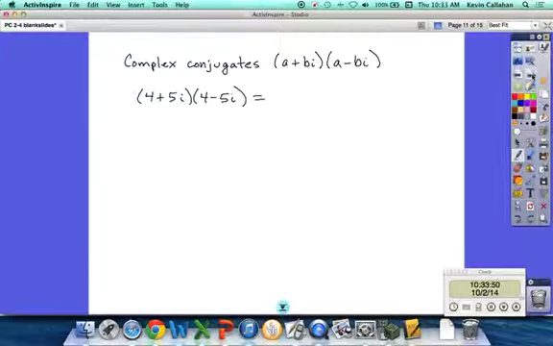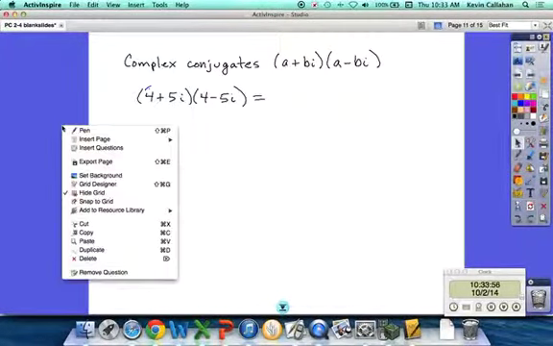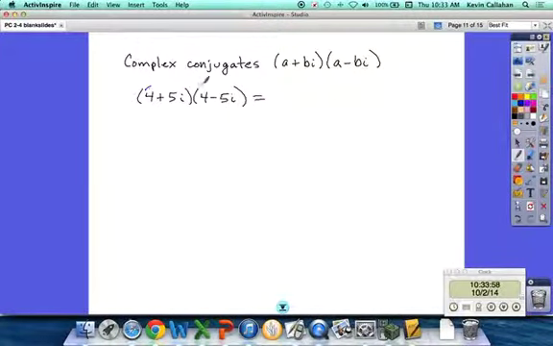We'll FOIL it. The first will be 4 times 4, which is 16. 4 times negative 5i is minus 20i. Then the inner is 4 times positive 5i, which is plus 20i.